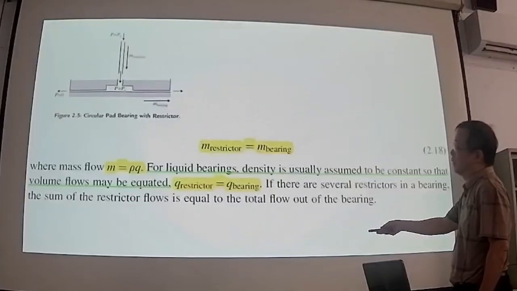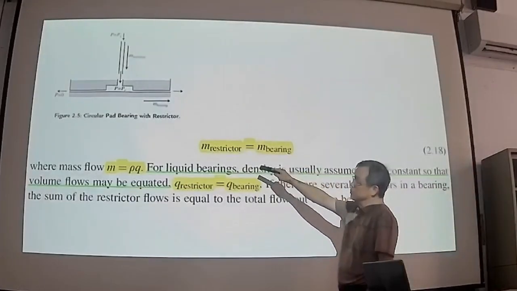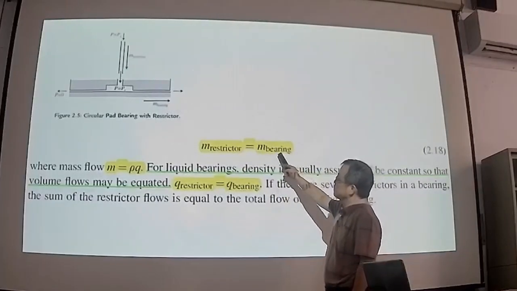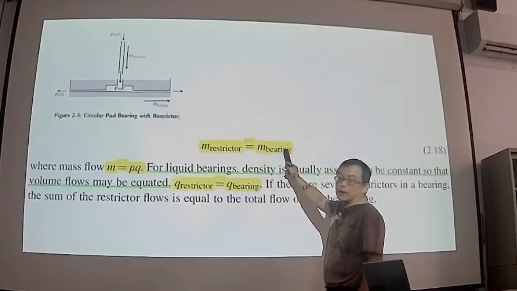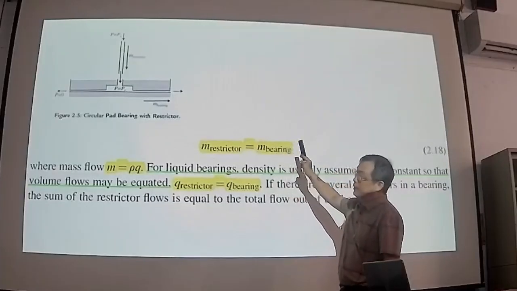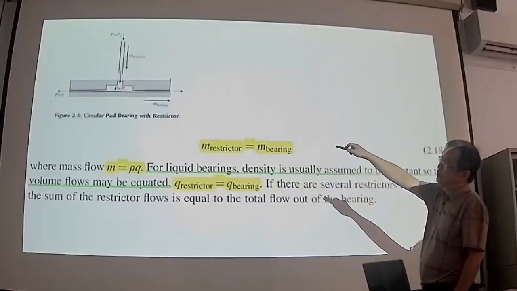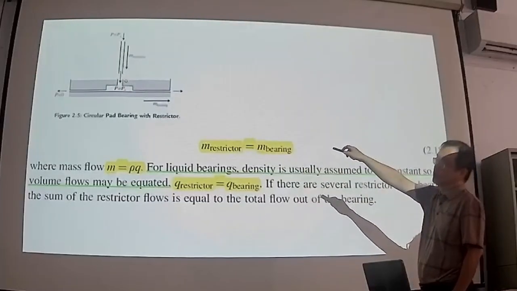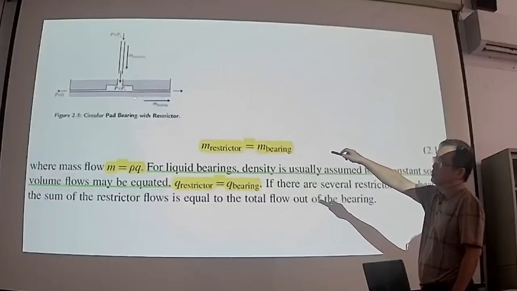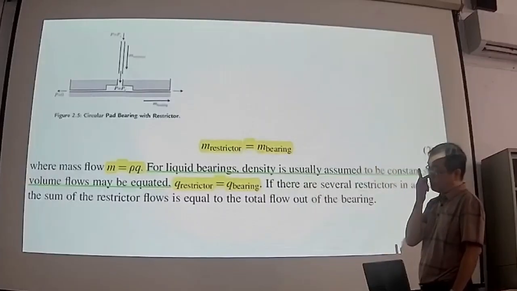The mass flow rate passing through the restrictor will equal the mass flow rate flowing out of the bearing. Okay? So which means that the volume flow rate or mass flow rate passing through the restrictor must be equal to the mass flow rate getting out of the bearing.